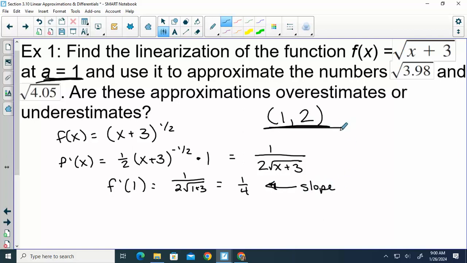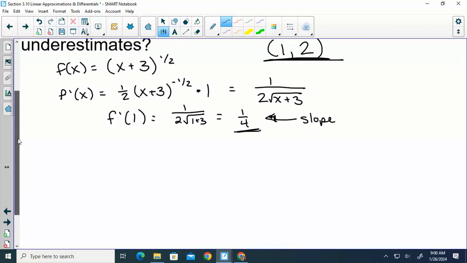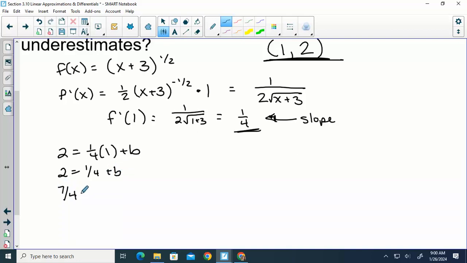So now we have a point, we have a slope. How do we write our equation? y equals mx plus b. So y equals m times x plus b. That works out to 8 over 4 minus 1 over 4, which is 7 over 4. Typically instead of y, we're going to put L of x just to show it's a linearization.